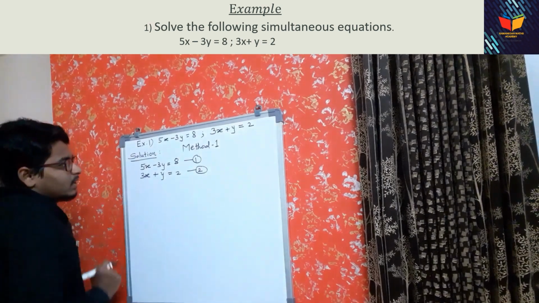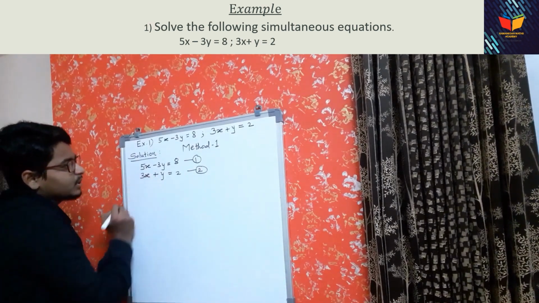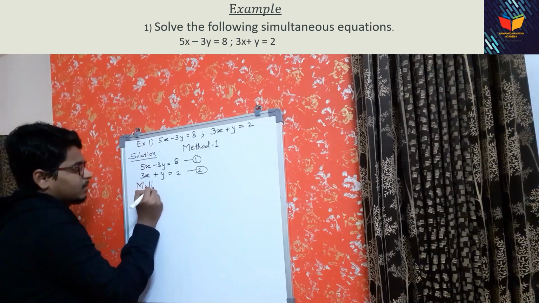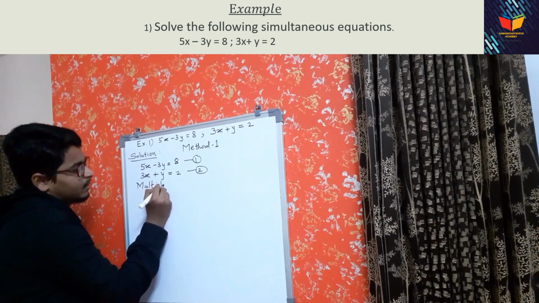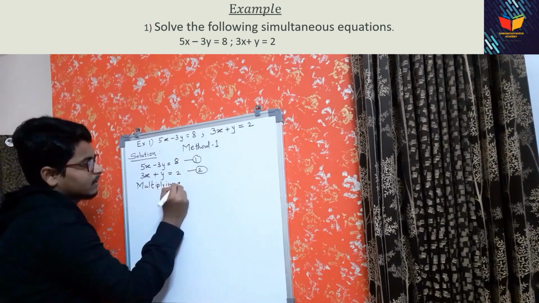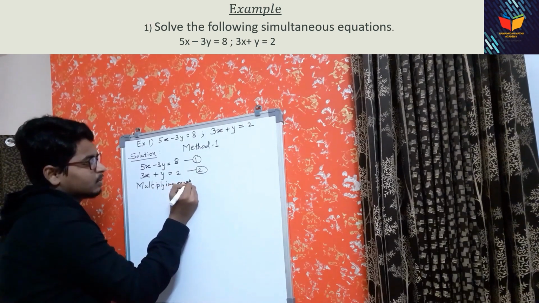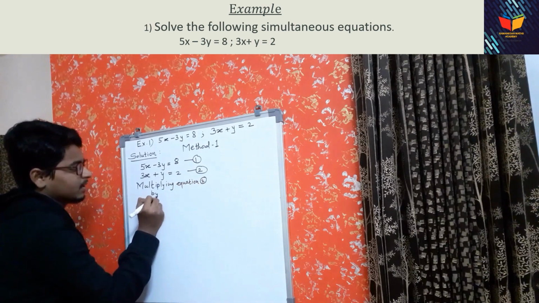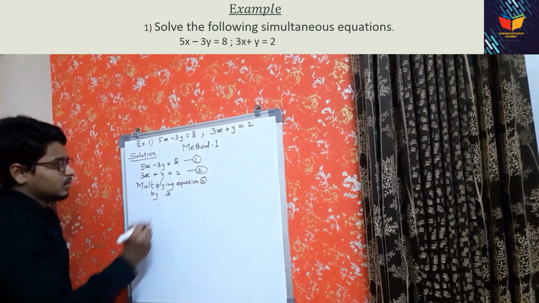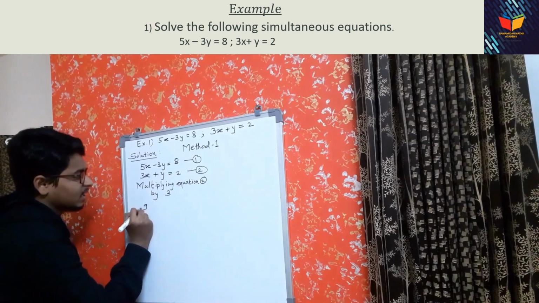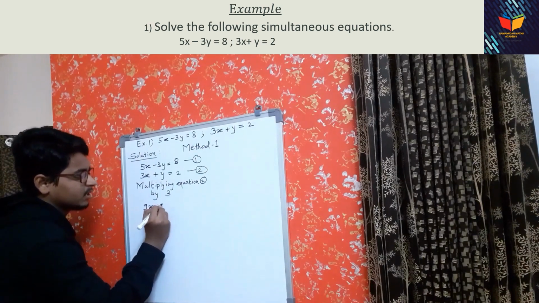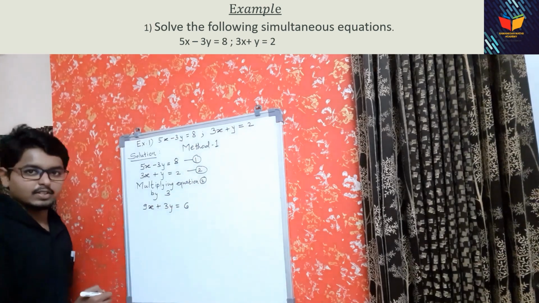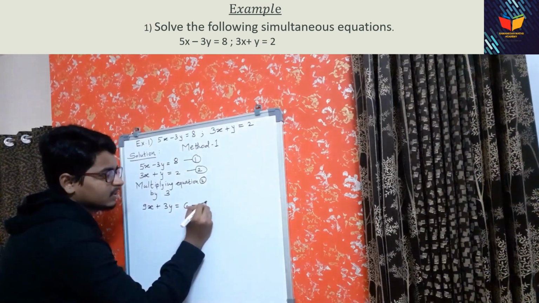So multiplying equation 2 by 3, what we will get: 3 3s are 9x plus 3y equal to 6. This is the new equation, number 3.